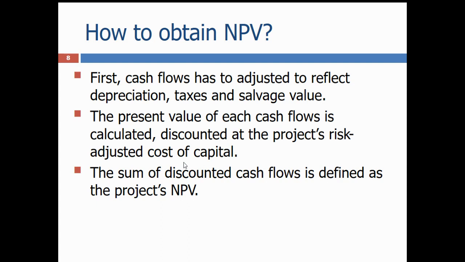All right, are you risk averse? Are you a risk taker? So based on that, your cost of capital is adjusted. That cost of capital will be used as a discount rate to calculate your present value. And then the sum of discounted cash flows is defined as the project's NPV.